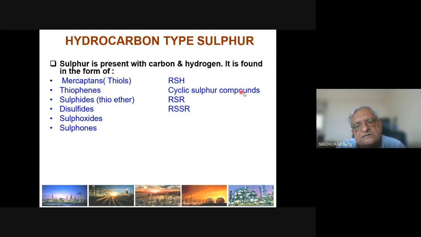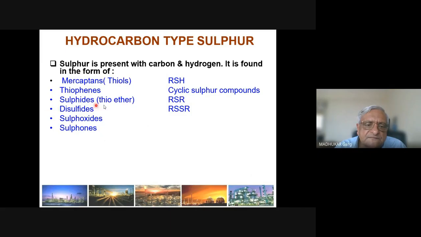You have thiophenes as well. These are cyclic sulfur compounds, with a 5-membered ring structure or 6-membered ring structure, but instead of carbon, you have sulfur there. So these are thiophenic sulfur, which is what we call cyclic sulfur.